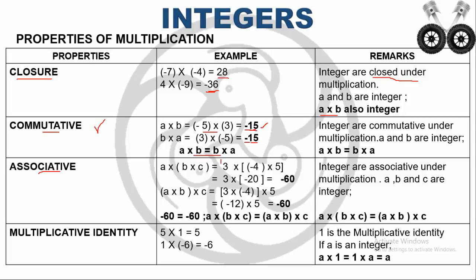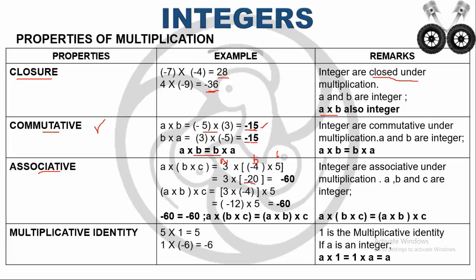Here A is 3, B is minus 4 and C is 5. The order of operations is that inside the bracket should be executed first. So minus 4 into 5, the product of 4 into 5 is 20. The two integers have different signs, so we put the negative sign. So that is minus 20.